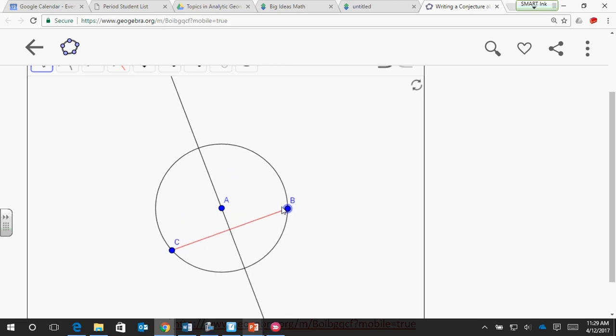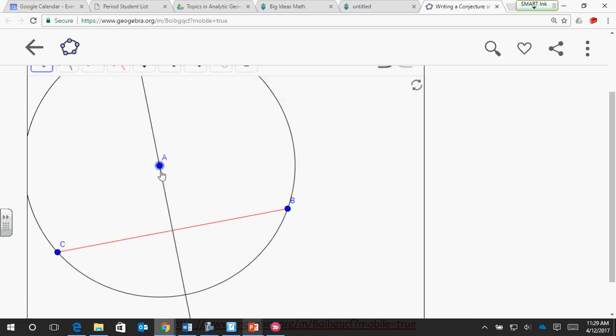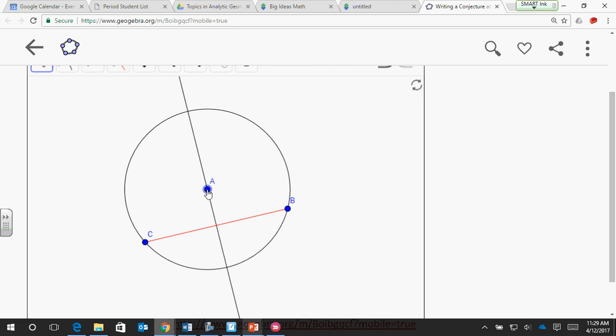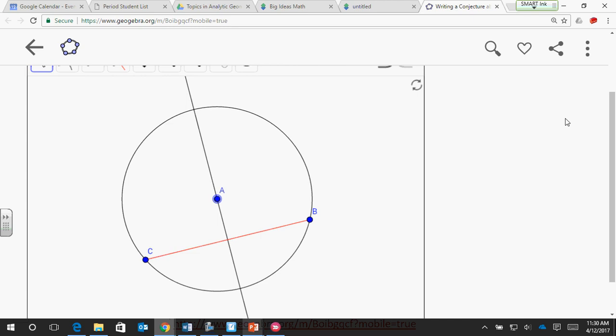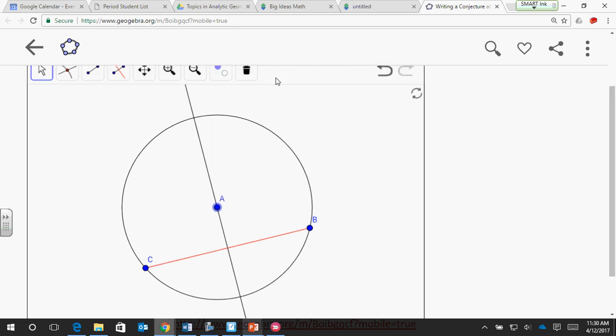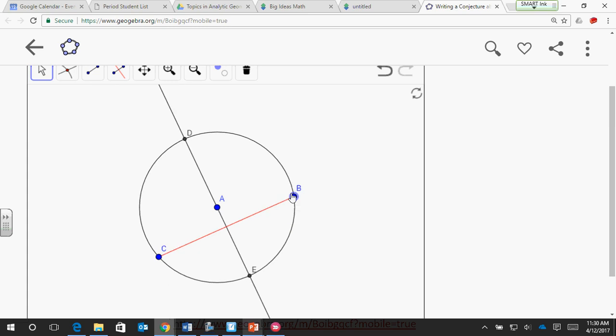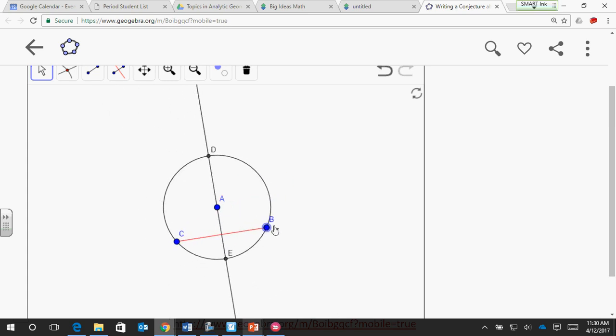Okay, so no matter what we do, it's going to be through the center of that circle, okay? So let's go ahead and put 2 points where these guys intersect. A point of intersection. So this one and this one are places where that perpendicular bisector intersects the circle.